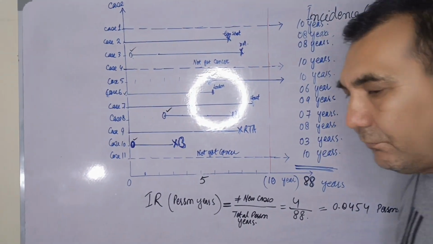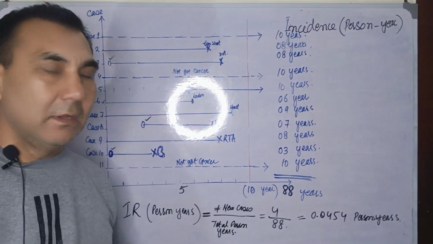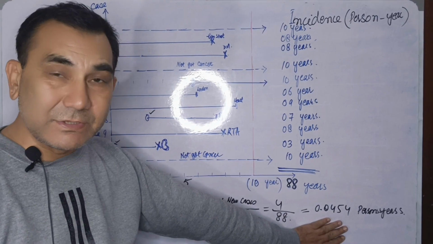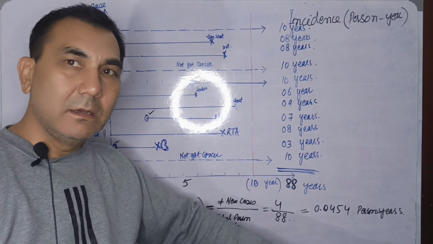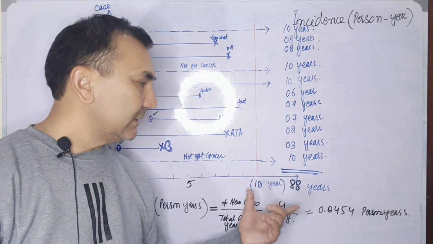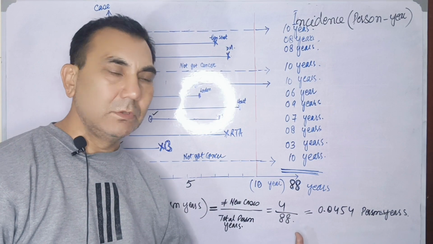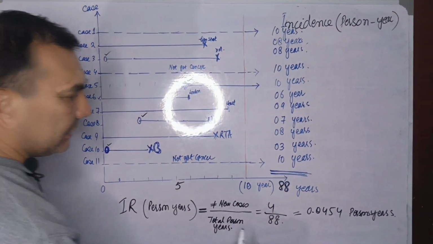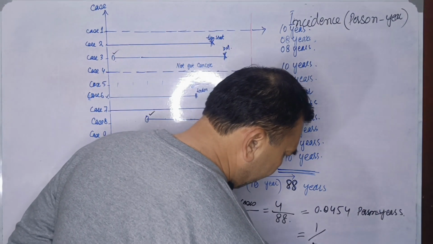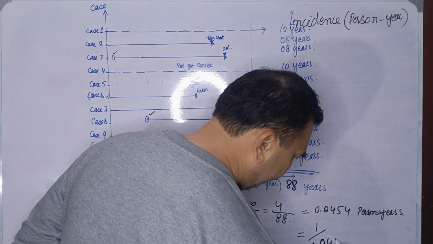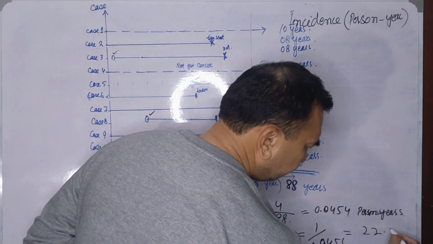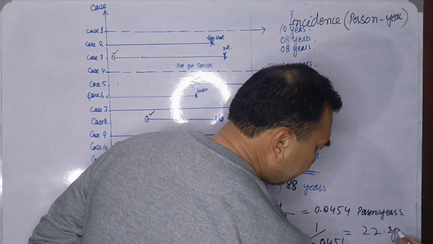Okay, now we can calculate from this person years result the survival years in this case as well. Now if we divide 1 by 0.0454, it will come up around 22 years.